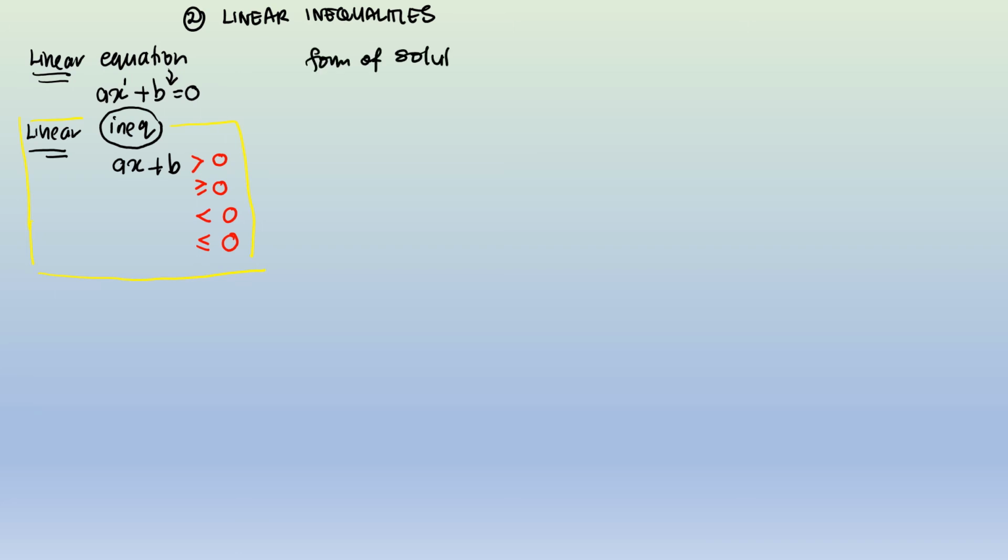In order to solve it, you must know how to write down the final answer using these two forms. First one is the solution set, and the second one is the interval form, or interval notation. You did learn this during chapter 1.